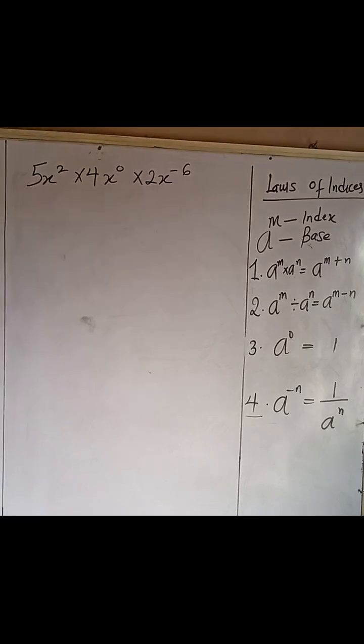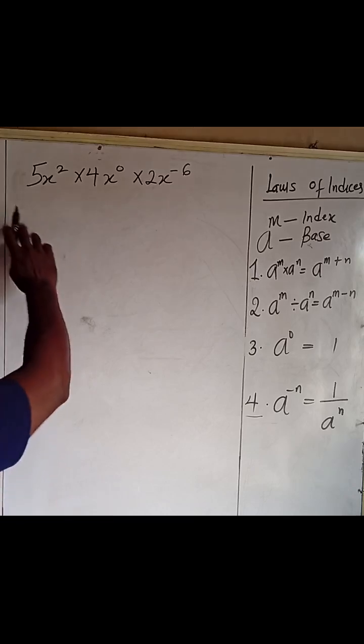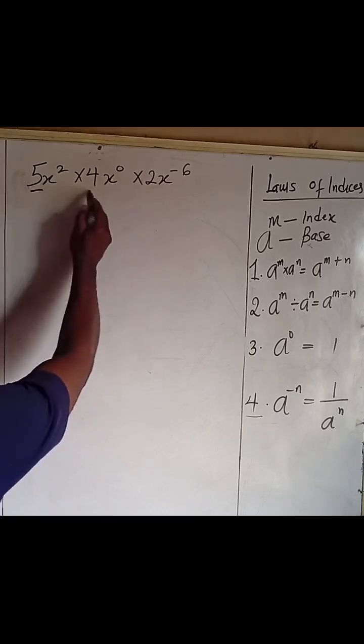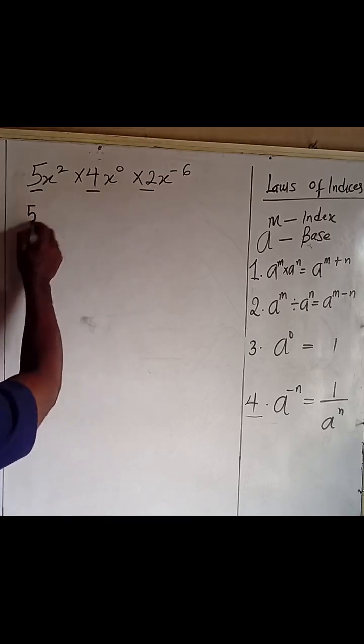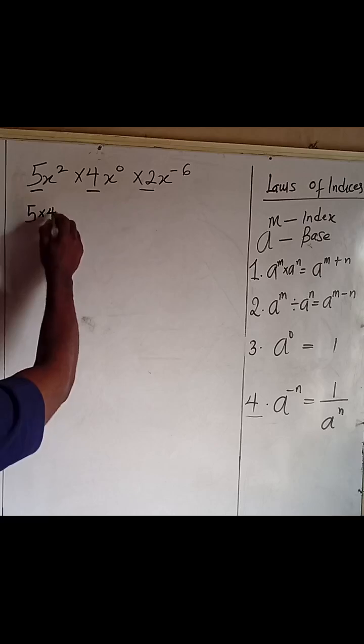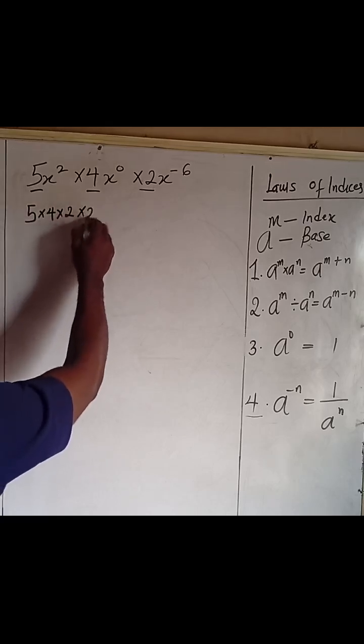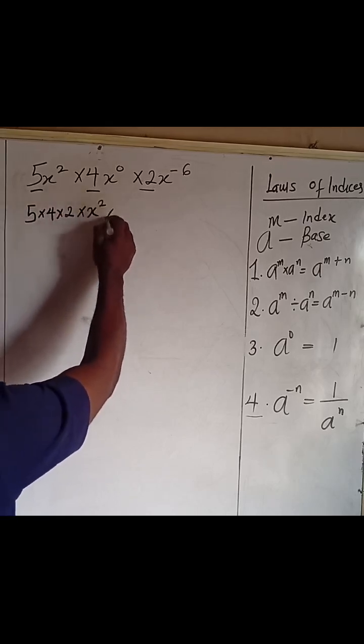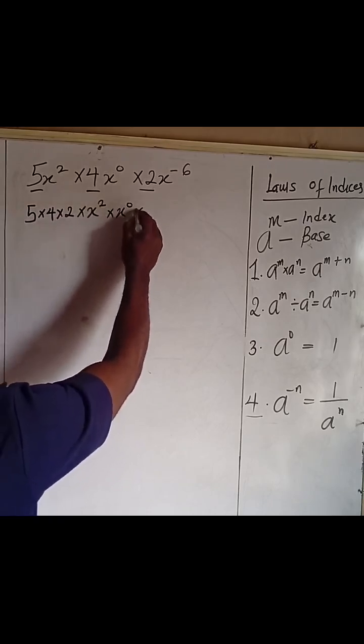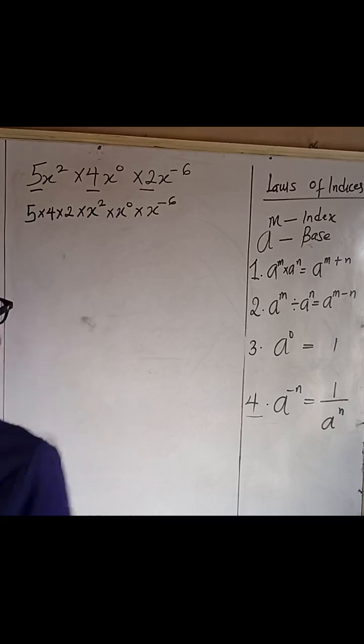The third example, which is this, combines all the laws except the second. So you multiply all the coefficients separately to have 5 times 4 times 2, times x raised to the power 2 times x raised to the power 0 times x to the power minus 6.